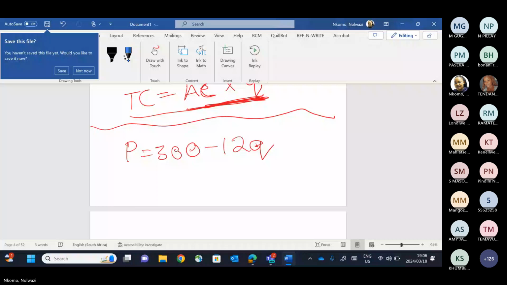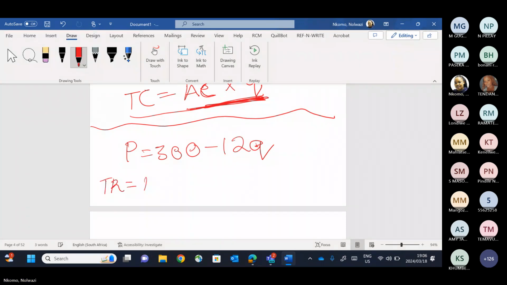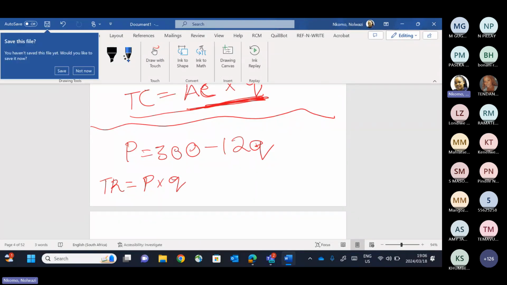From this information, we can find the total revenue, since total revenue is equal to the demand function times the units demanded.